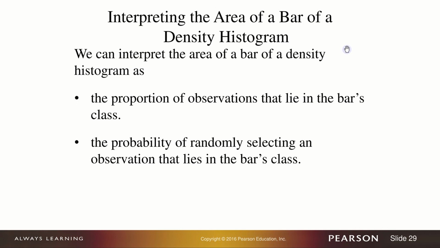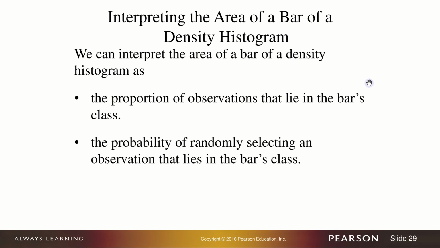The last thing we want to cover in this set before we look at some practice exercises from the 5.1 homework set is interpreting the area of a bar of a density histogram. There is a really interesting connection between those and probability. Remember that when you look at a density histogram, it's not the height of the bar that tells you the relative frequency of the given class. It's the area of the bar.